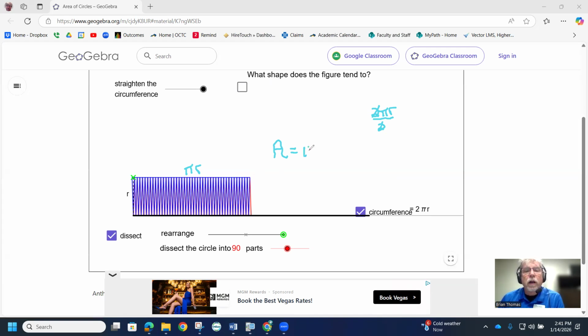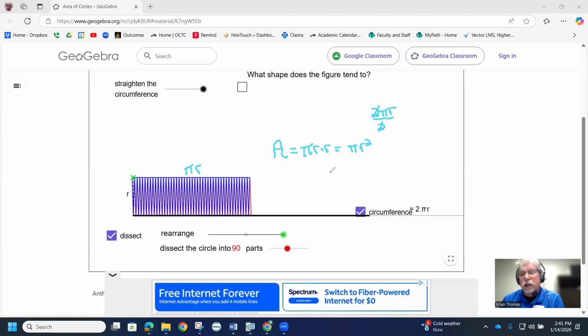If I multiply this pi r times r, notice that if you have an r times r, that means there's two r's multiplied, so you can write this as pi r squared. So we can create a formula to determine the area of a circle. Now remember, for us, we're going to be using pi as approximately 3.14. So if it asks us to substitute in, we can substitute in 3.14 to determine the approximate area of a circle.